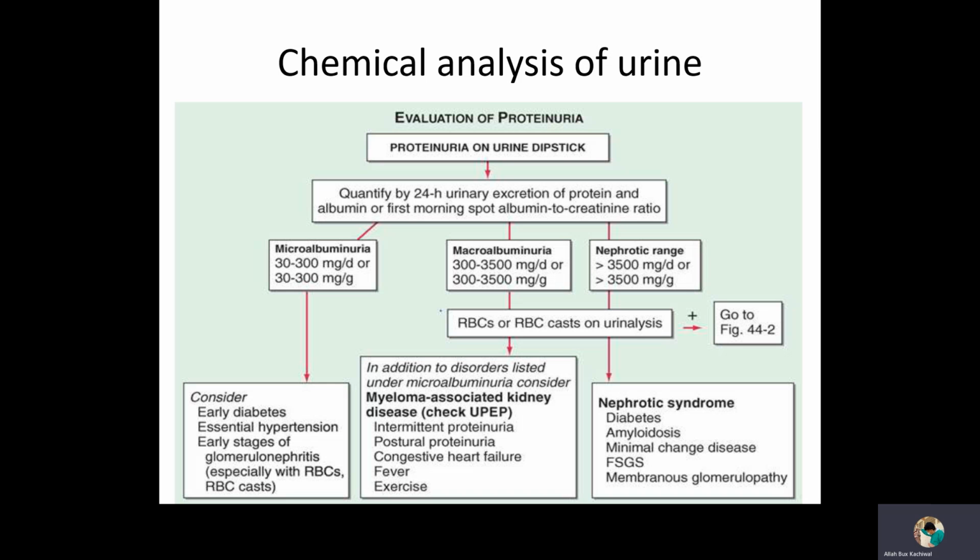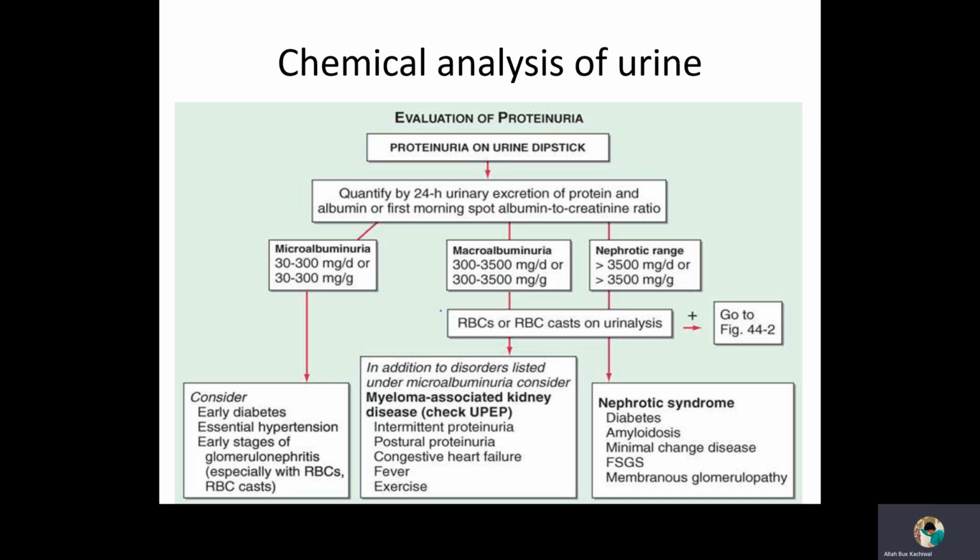3,500 mg per gram. If you see RBCs or RBC casts, consider early diagnosis of essential hypertension or early stages of glomerulonephritis, especially with RBCs and RBC casts.